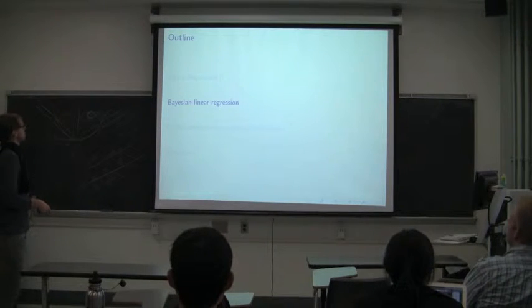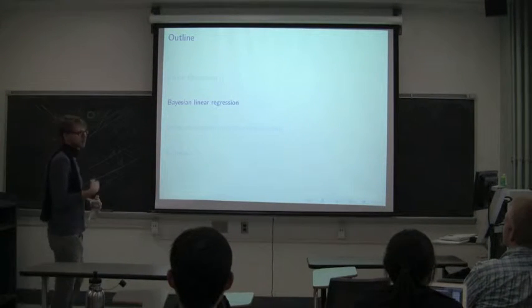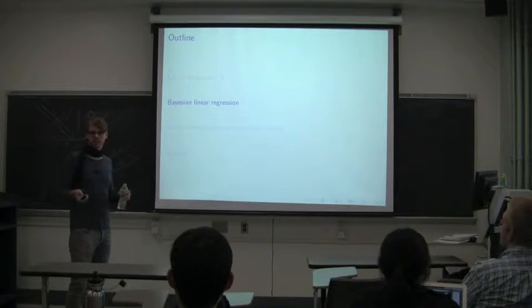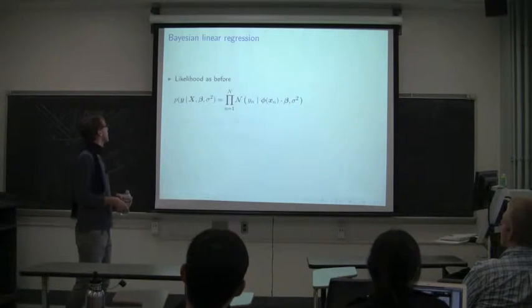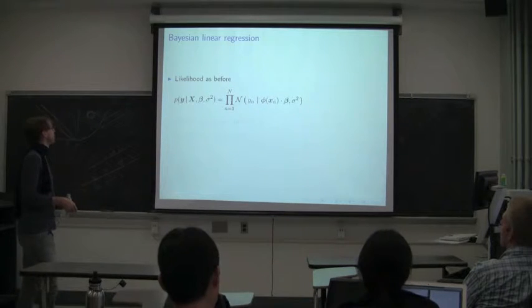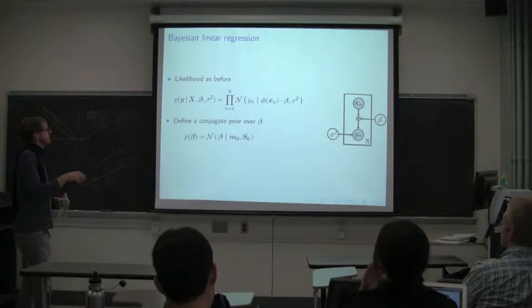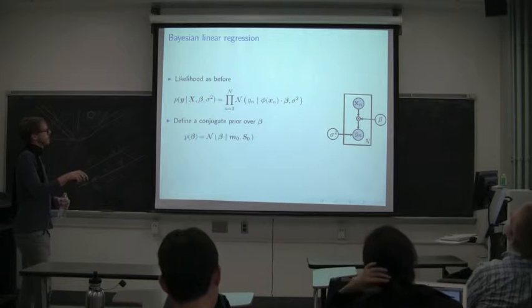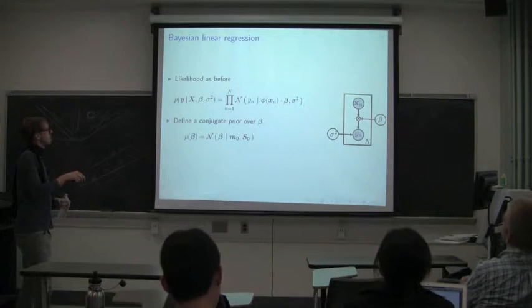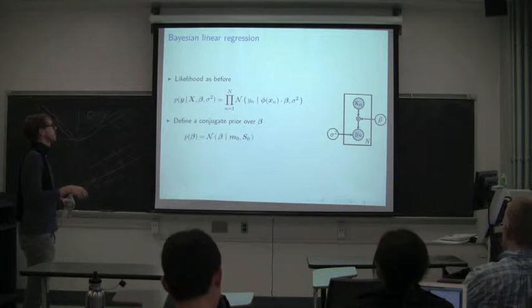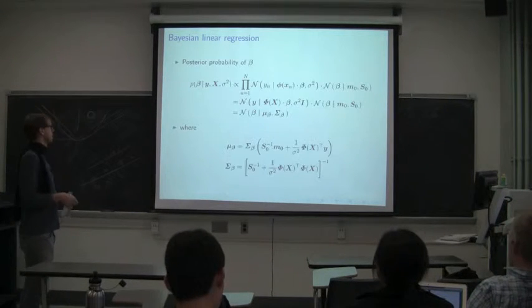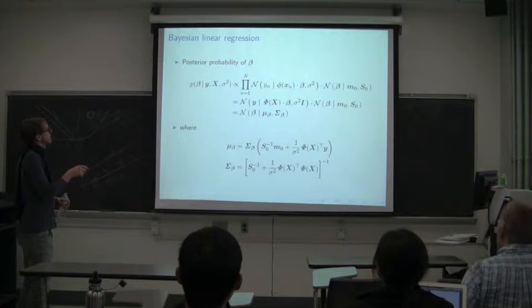Okay, so let's go to Bayesian linear regression, where we don't do maximum a posteriori estimation, but do full Bayesian inference. We have the likelihood as before. We define a prior over the regression weights. That prior is Gaussian, with some prior mean and a prior covariance matrix. Now we want the posterior.